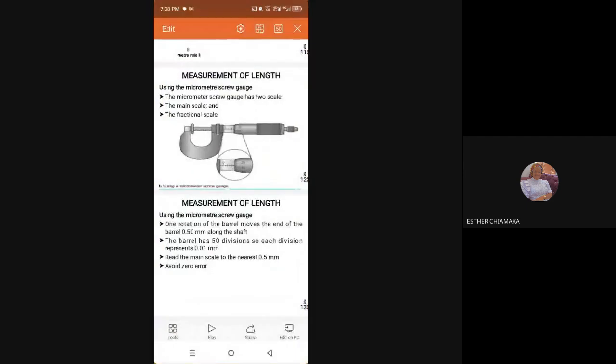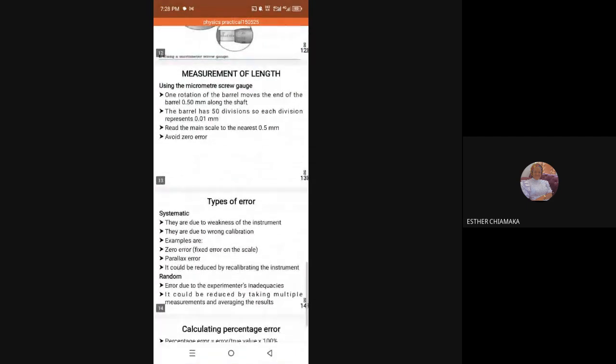So that's that. Okay. So slide 14 now. Read slide 14. Types of error. Systematic: they are due to weakness of the instrument, due to wrong calibration. Examples are zero error, that is fixed error on the scale, and parallax error.